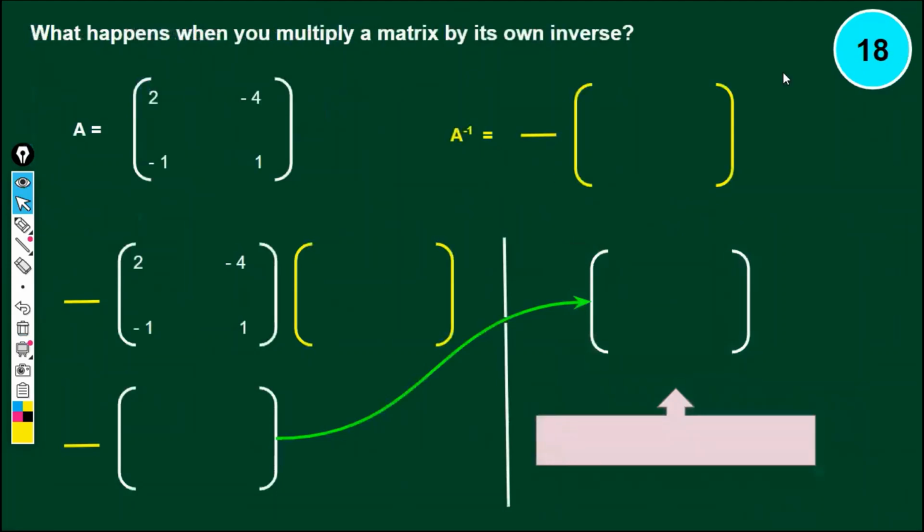All right, so the next thing we're going to do is learn what happens when we take a matrix and multiply it by its own inverse. Something always happens when we do that. So we're going to take this matrix A. The examiner gives you matrix A. And then we are going to find the inverse of A. And then we're going to take A and multiply it by its own inverse.